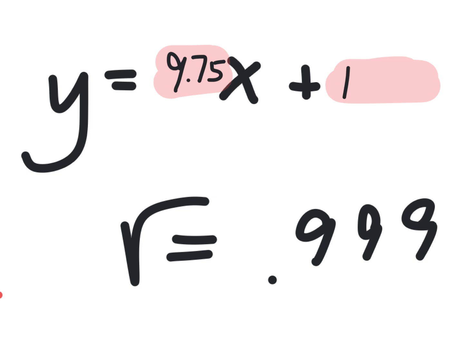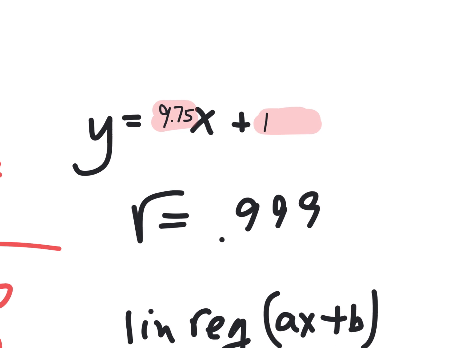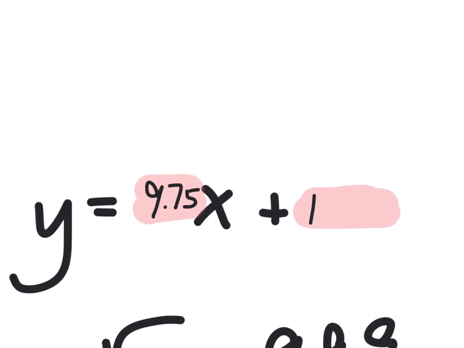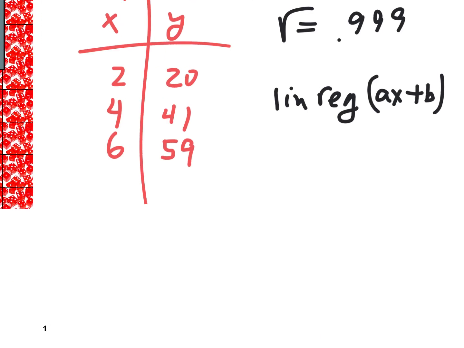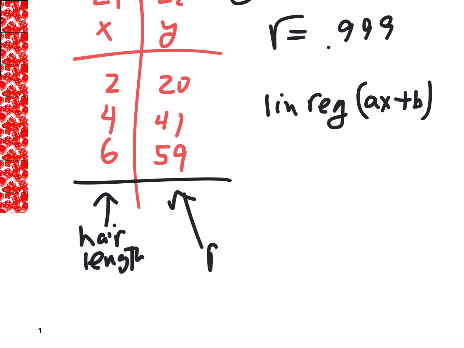Now, this is the last melon. All I have to teach you here, compared to yesterday, is how to use this to make predictions, right? So, if I told you that this was about a person's, let's say, hair length, and this was the price for a haircut.